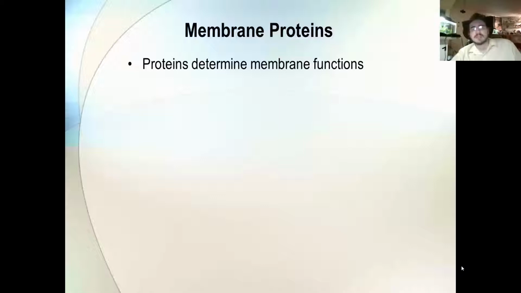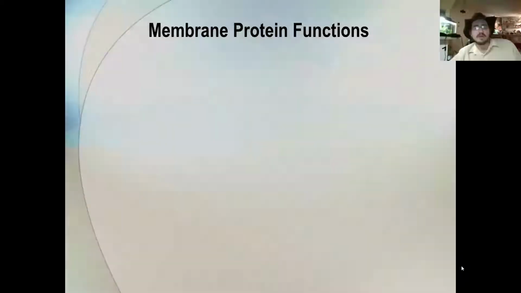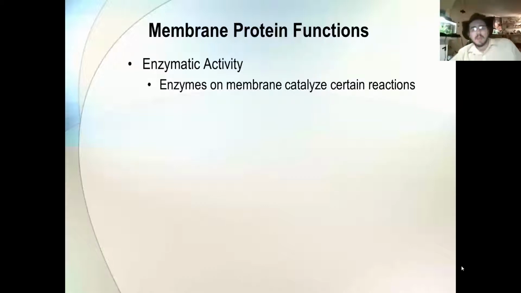Now, since this is not a majors biology course, let's talk about only two examples of membrane protein functions. Membrane proteins can be enzymatic, which means there are enzymes embedded in the membrane, and they can catalyze certain reactions.